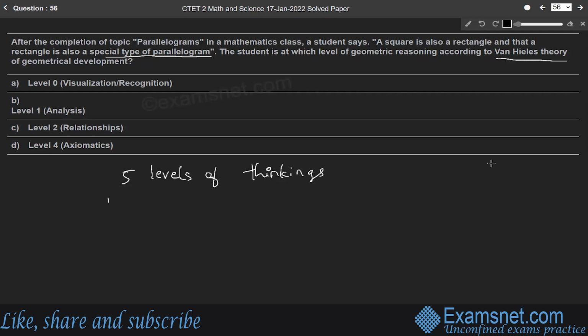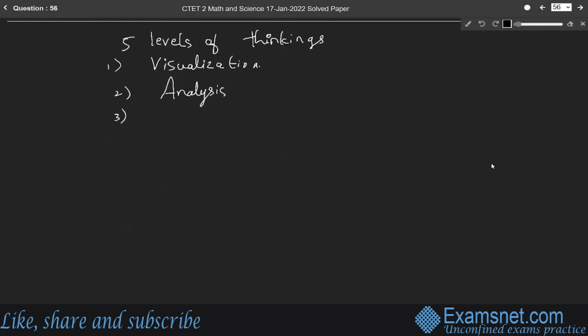So those 5 levels are visualization level or recognition level. Second one is analysis level. And the third one is abstract or relationship level.